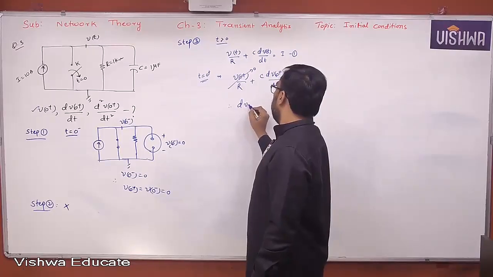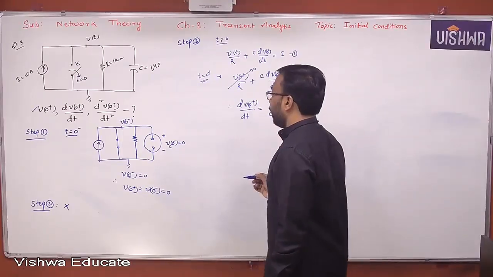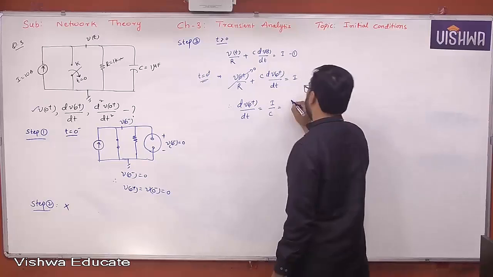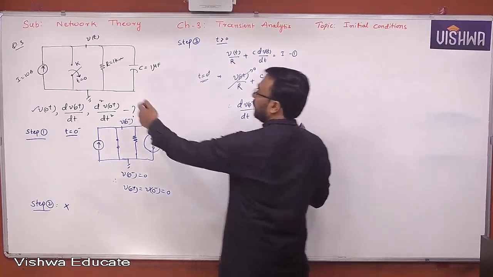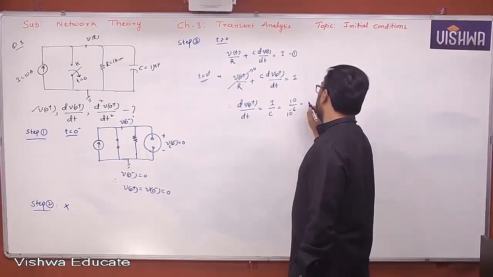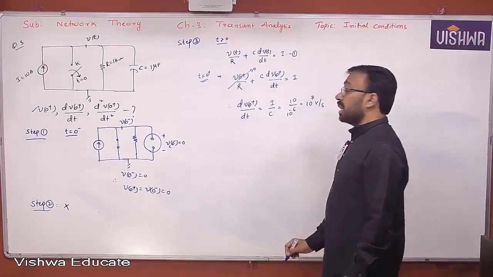Therefore, dV of 0 plus by dt is equal to I by C. The value of I is 10, and C is 1 microfarad, 10 power minus 6. Finally you get 10 power plus 7 volts per second. Is it clear, all of you?